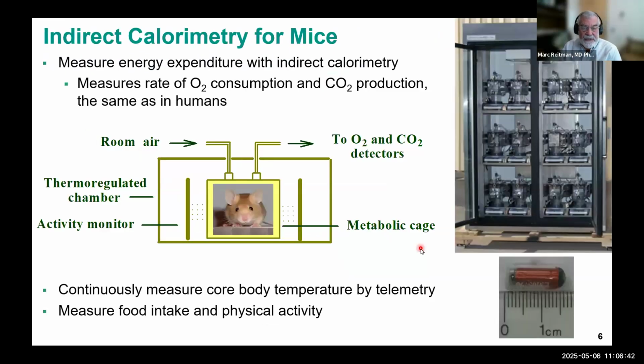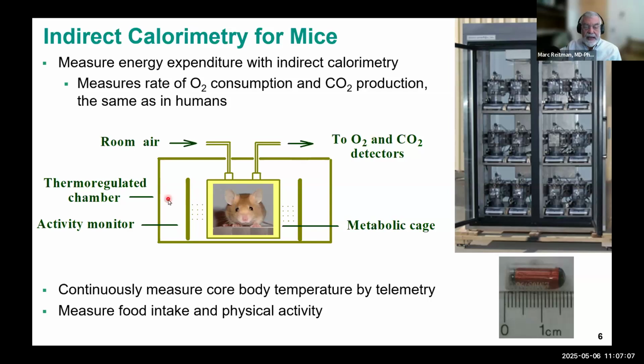So what is indirect calorimetry? Indirect calorimetry, you're just measuring energy expenditure, and you do that by measuring oxygen consumption and CO2 production. This is the same as humans or any other animal or species or bacteria. It's fundamental. What you do is you put room air into your system, you measure the O2 and CO2 out, measuring the delta in O2 and CO2.